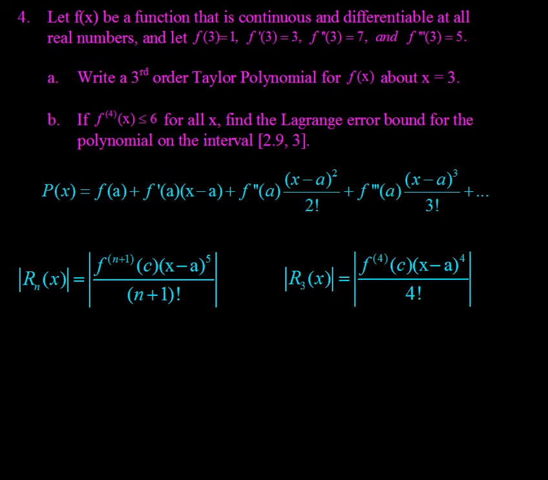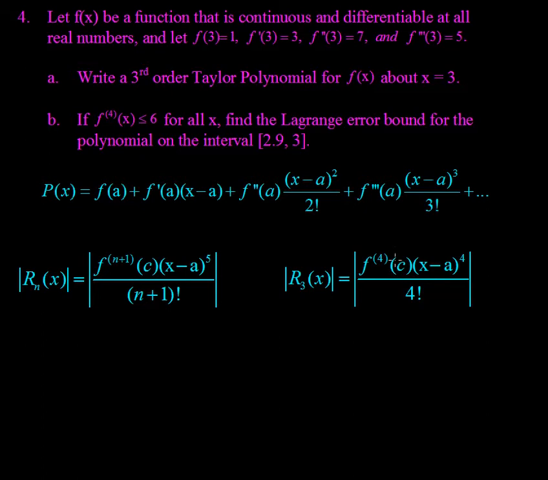So R3 of x is the third remainder. It's dealing with the fourth derivative, the fourth power, and the fourth factorial. And so all we have to do is plug in the right data into those pieces, and we'll get our answer. So the first piece is we want to find the fourth derivative of c.